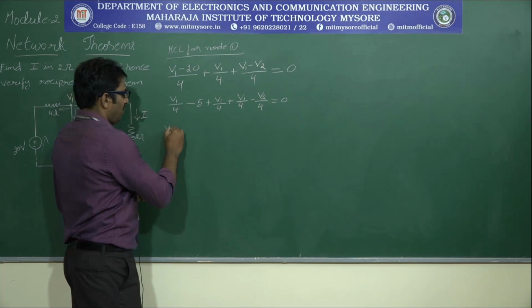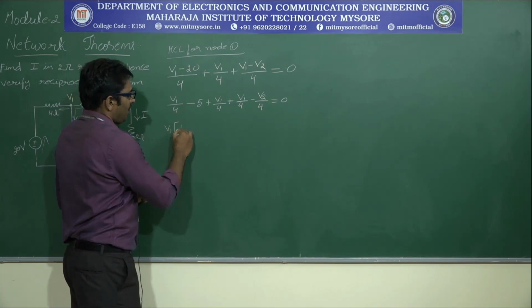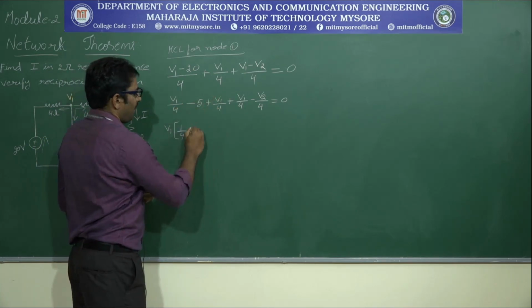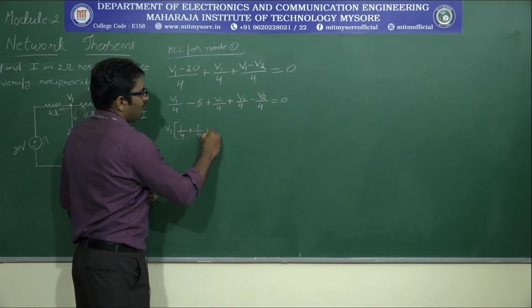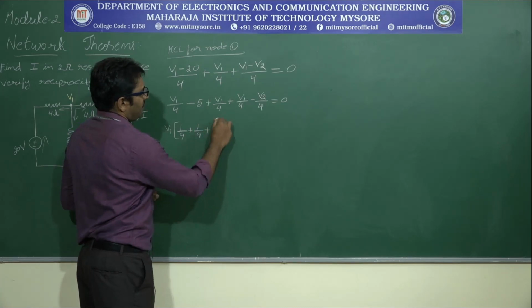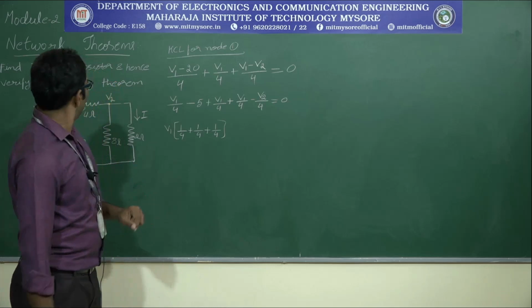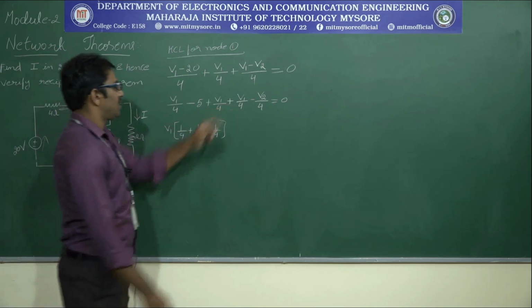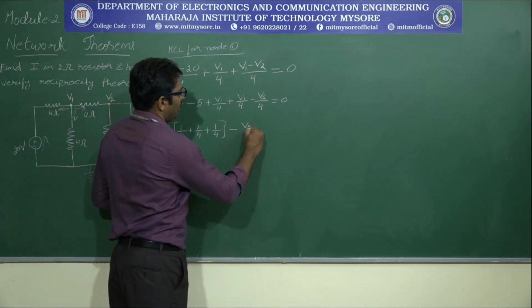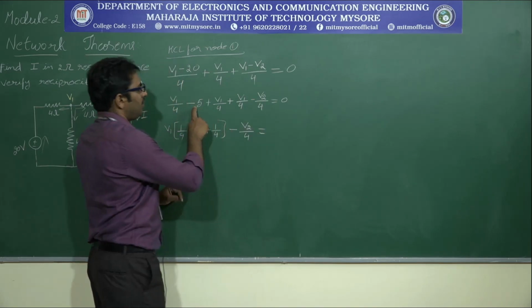Just take V1 as a common factor: 1 by 4 plus 1 by 4 plus 1 by 4. Next, minus V2 by 4, that is equal to minus 5.